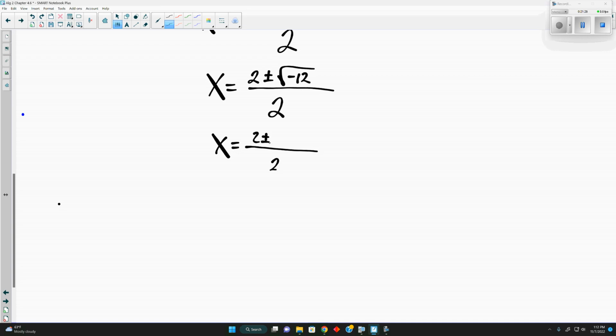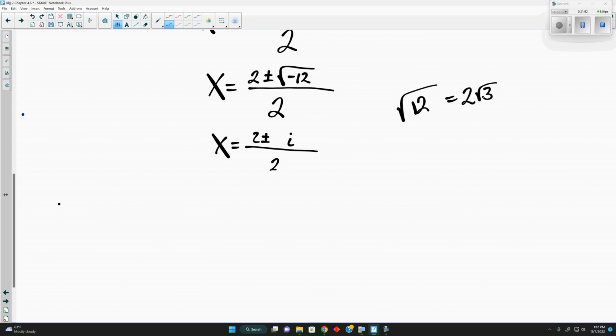Now the negative with the square root of 12 is going to come out as i, yes? Which leaves us with the square root of 12. Now the graphing calculator probably is not going to help us unless it is a perfect square. But the calculator will tell us that this is 2 square root of 3.